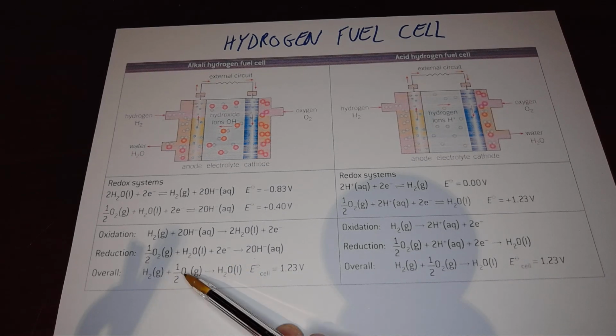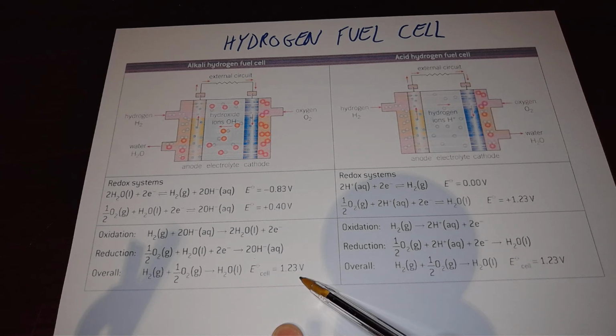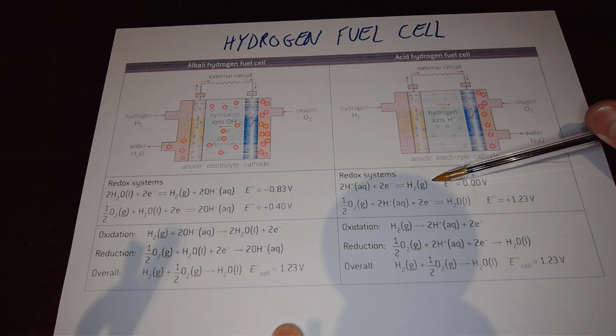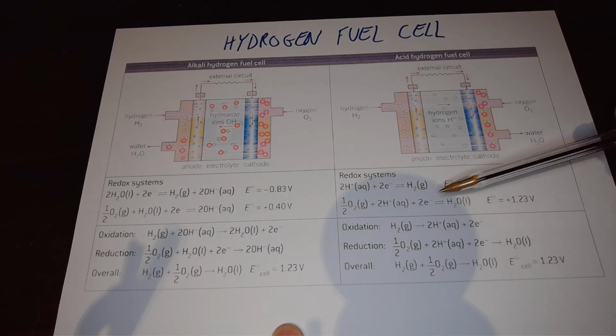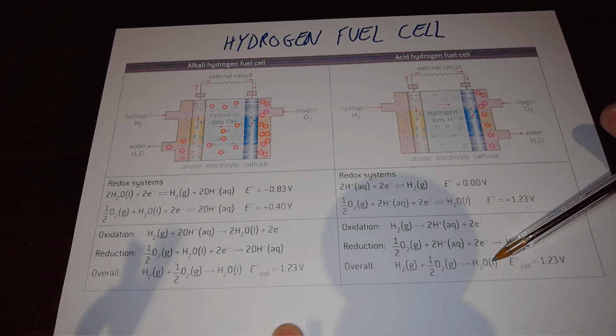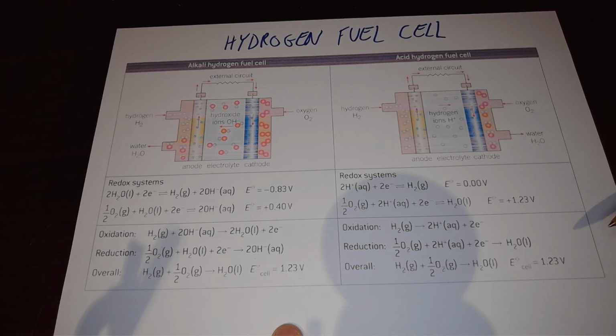Basically, you've got hydrogen plus oxygen makes water, 1.23 volts. Similar thing here, you still have 1.23 volts. This is the standard hydrogen half cell, so hence it's 0. Then you've got oxygen plus H+, again the oxygen is being reduced, just the same as before, and that produces water. So overall the same reaction, overall the same voltage.